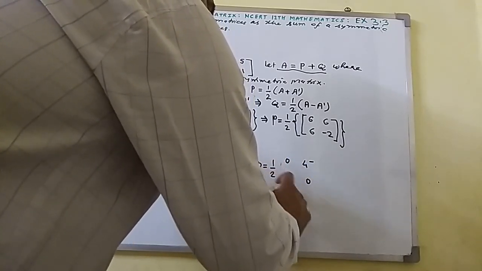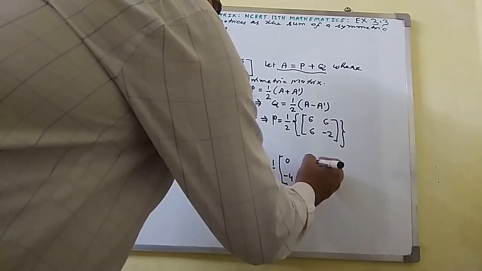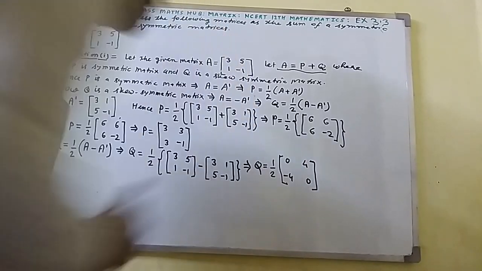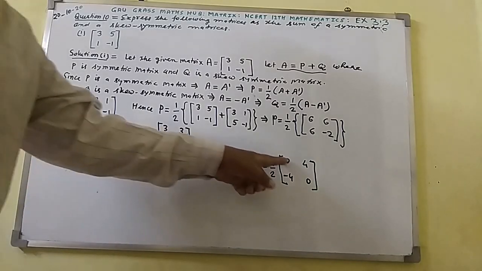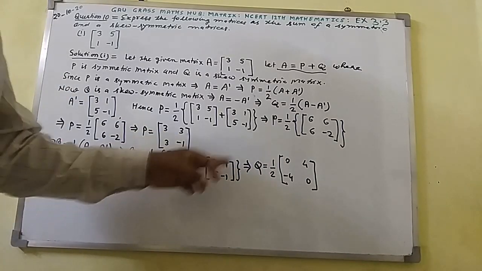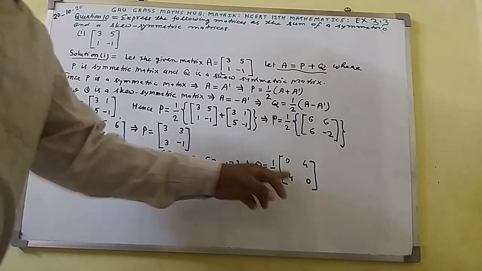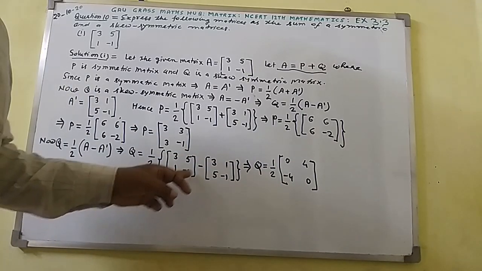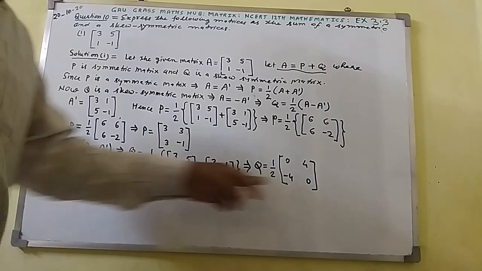Here you can now put an opening square bracket because this has become a matrix: 3 minus 3 is 0, 5 minus 1 is 4, 1 minus 5 is minus 4, minus 1 plus 1 gives 0.